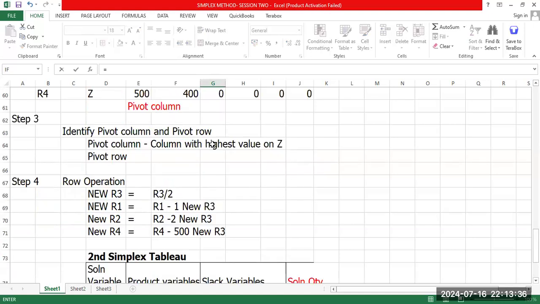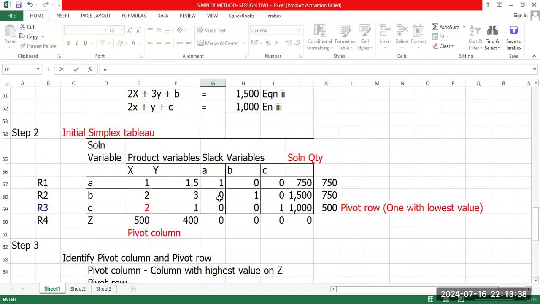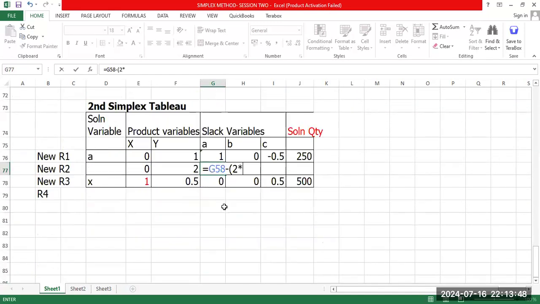Then for A, row 2, I have 0 minus open bracket, I write 2 times new row 3. What do I have? It is 0.